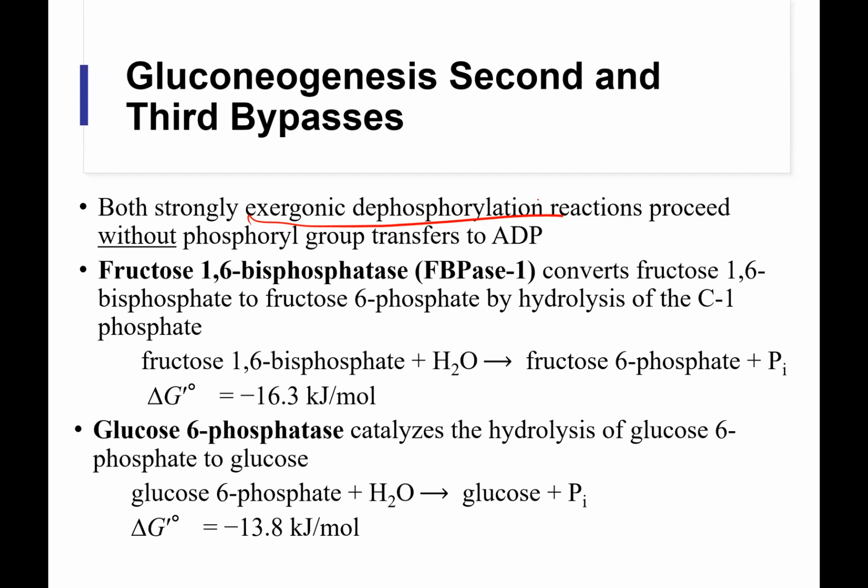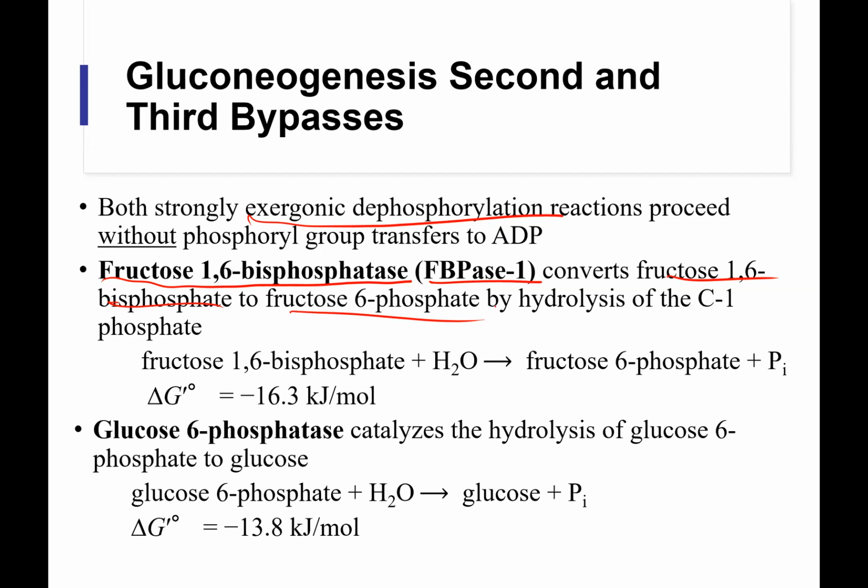However, note that we are not transferring these phosphoryl groups coming off our substrates to ADP. They're being released as inorganic phosphate. So fructose 1,6-bisphosphatase, or if you prefer, FBPase-1, converts fructose 1,6-bisphosphate to fructose 6-phosphate.